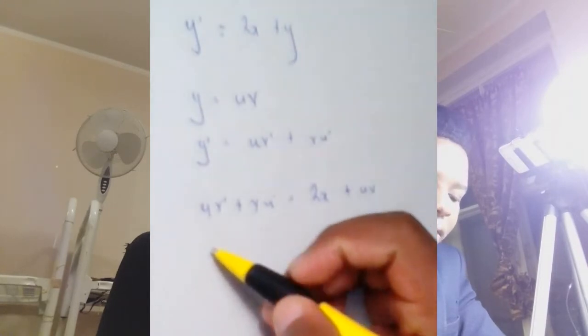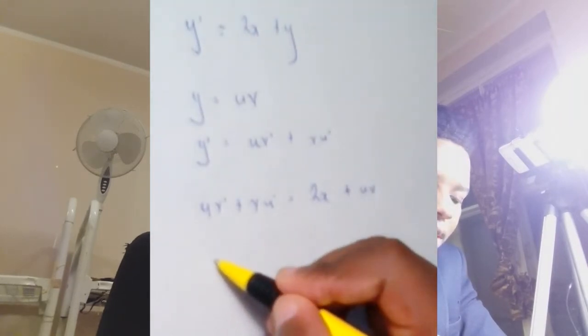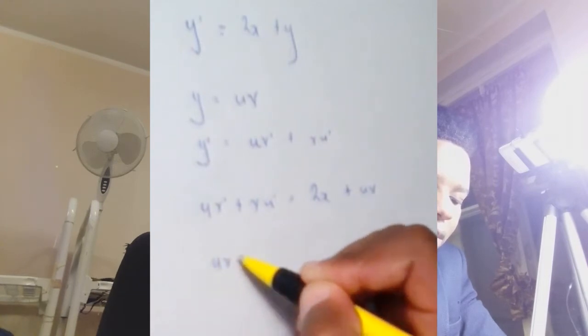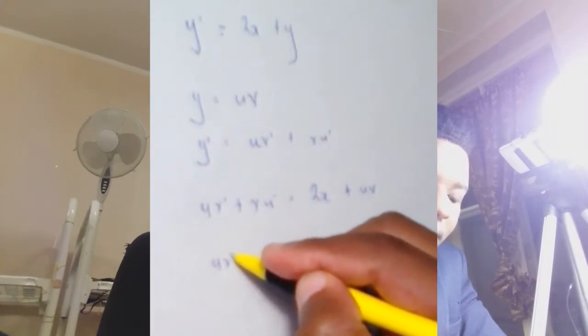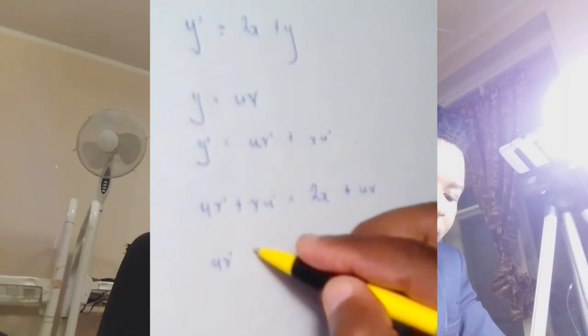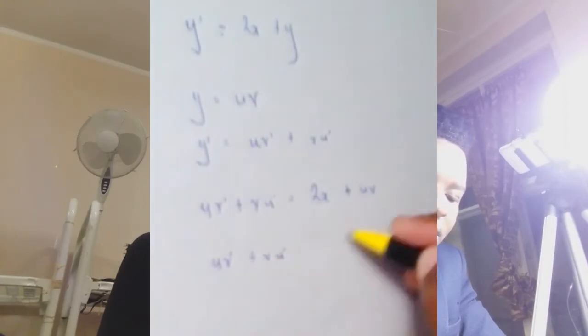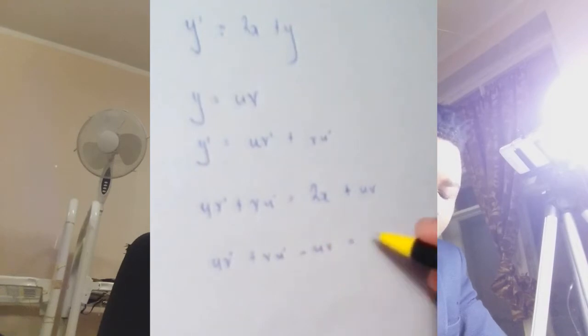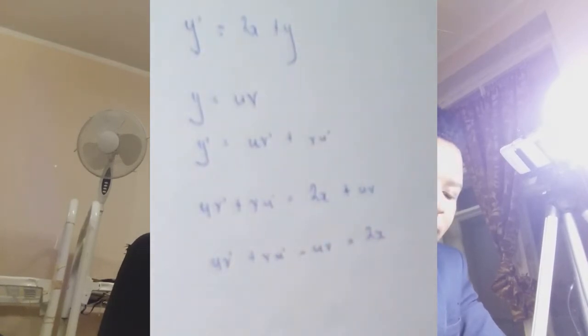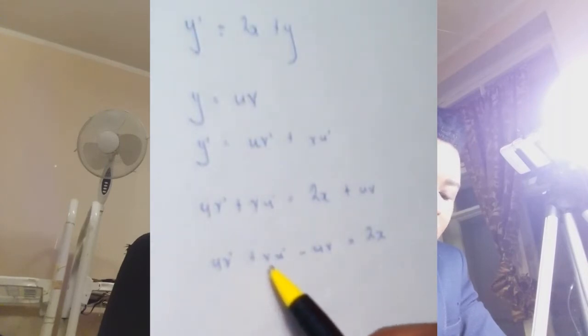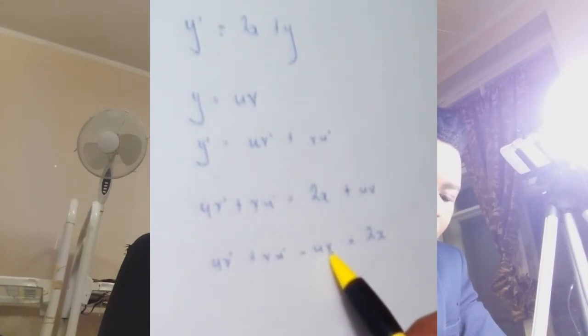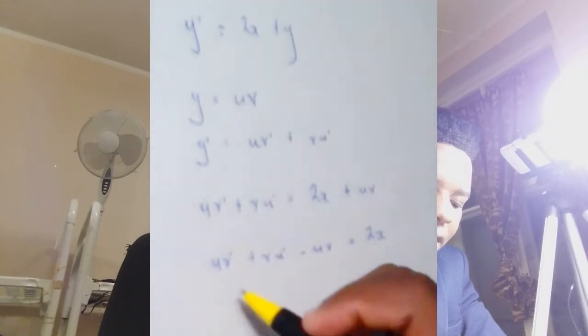So we're going to have u multiplied by the derivative of v plus v multiplied by the derivative of u minus uv is equal to 2x.